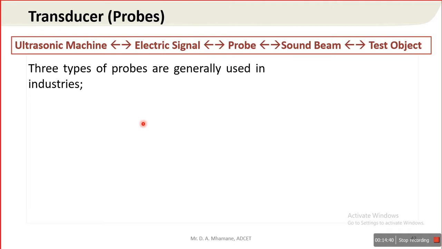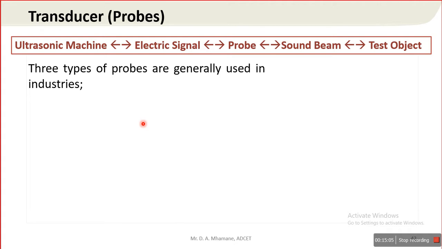So let us discuss the equipment, or we can say the accessories of ultrasonic testing. First is transducer, which can also be known as probe, or it is also called search unit.